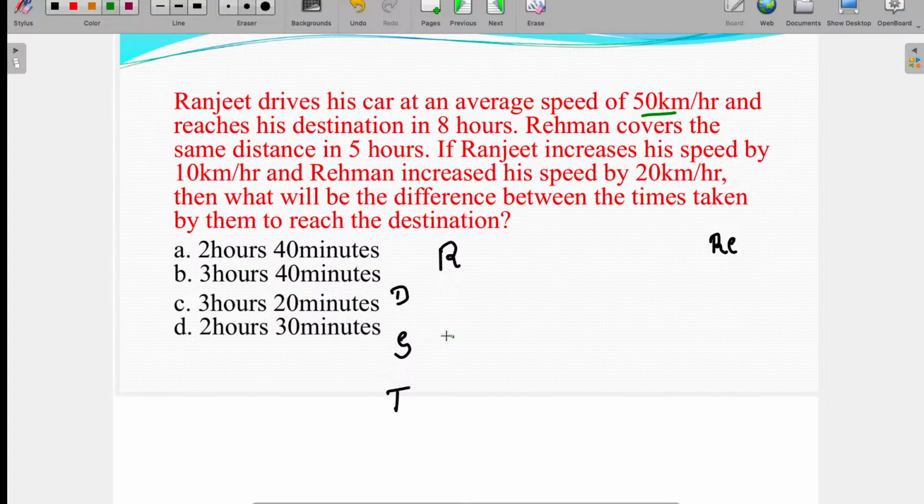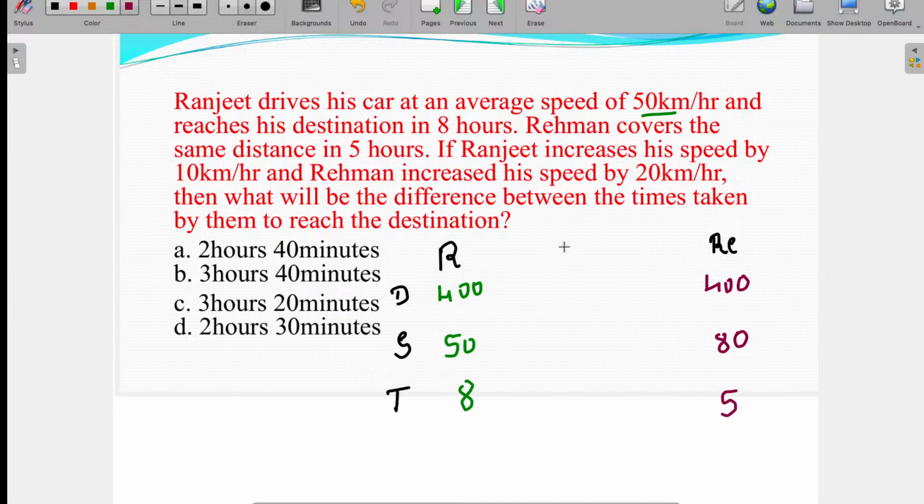Speed of Ranjit will be 50 km per hour, time he will take is 8 hours, then distance I can write as 400 km. Then Rahman is also traveling 400 km only because it is the same distance. But I know he is traveling 5 hours, then we know the speed will be 80 km per hour.